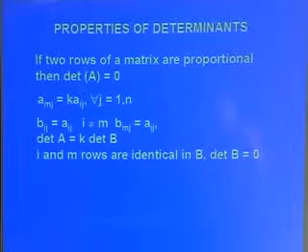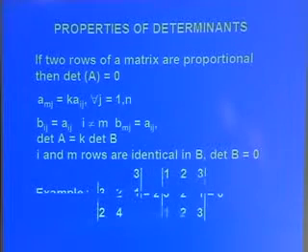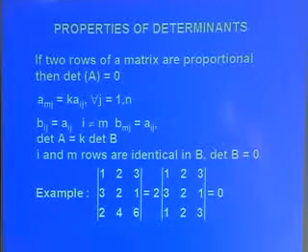Then one can determine a matrix B such that B_ij is equal to A_ij for all i not equal to m. That means all the rows of B and A are identical except the mth row. The mth row of the matrix B is given by B_mj equal to A_ij. That means it is identical with the ith row.